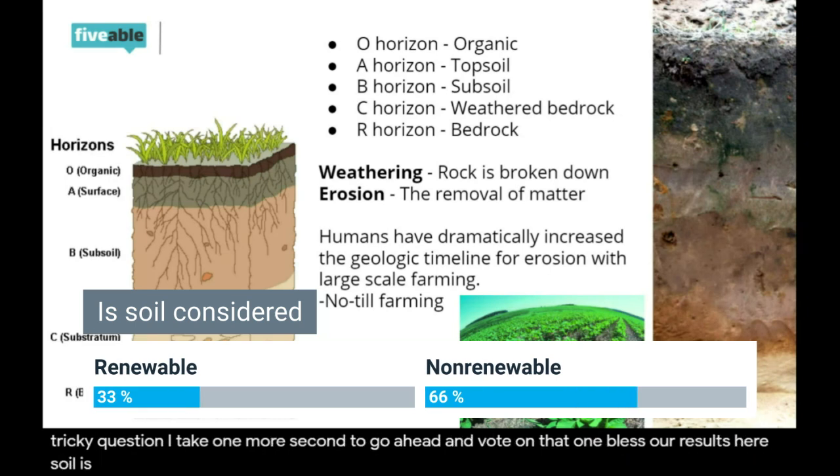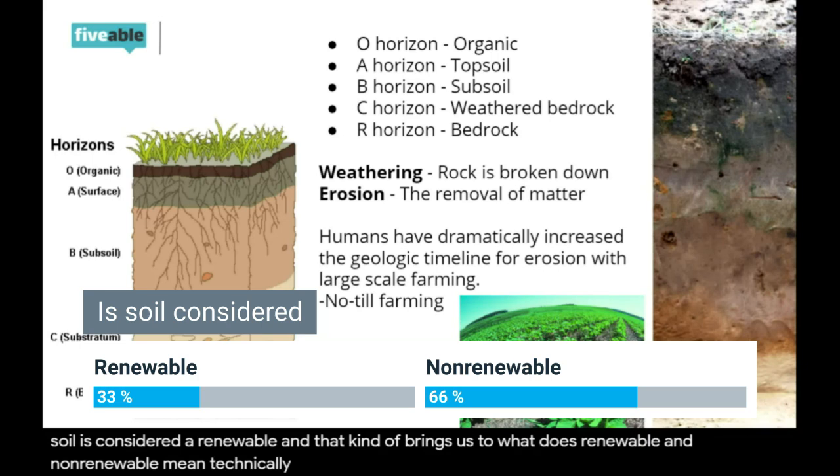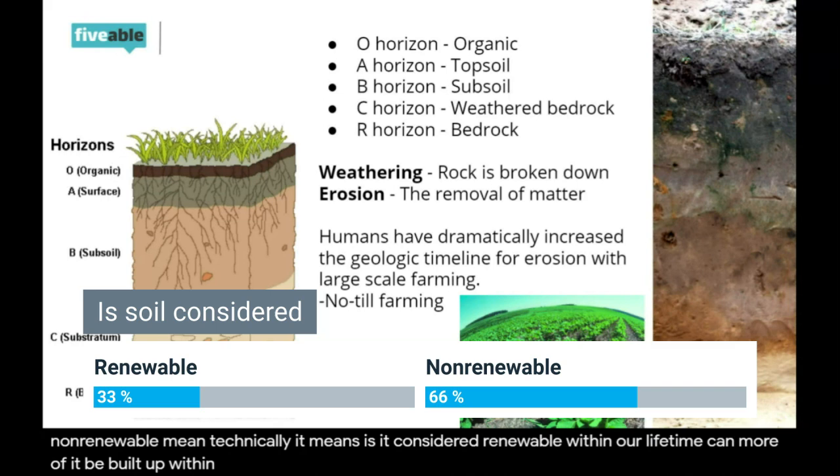Soil is considered renewable. And that kind of brings us to, what does renewable and non-renewable mean? Technically, it means, is it renewable within our lifetime? Can more of it be built up within a person's lifetime? If it can be, then that is considered a renewable resource.